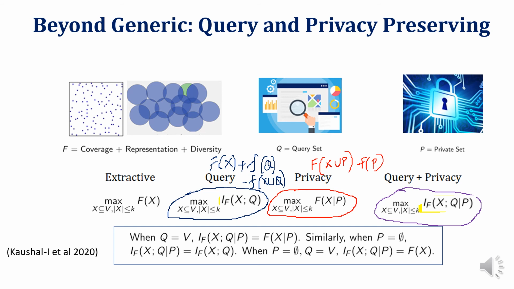However, it turns out that several instantiations actually turn out to be submodular, and that's very interesting, which means that a simple greedy algorithm gives you a 1 minus 1 over e approximation guarantee for the master optimization problem.